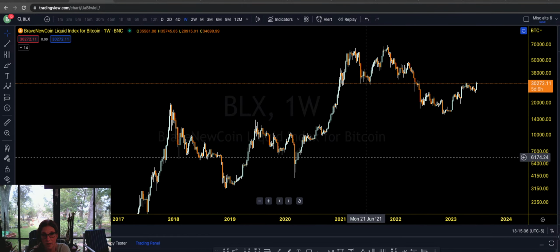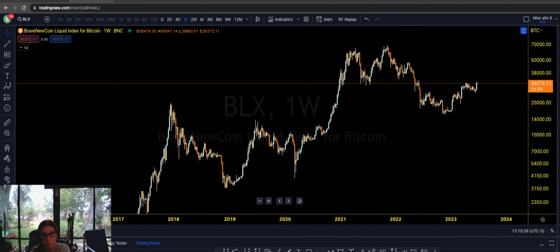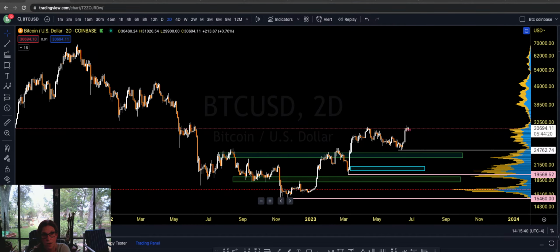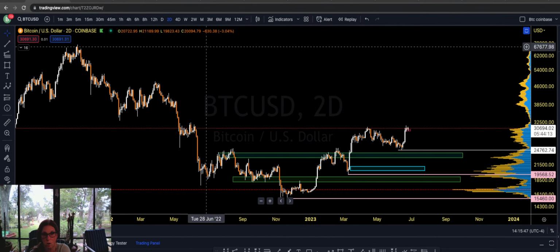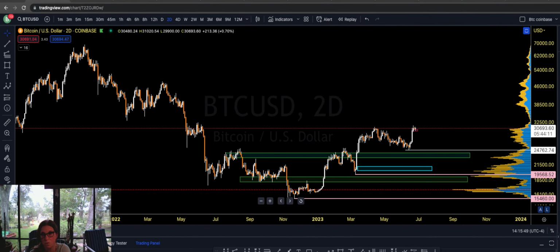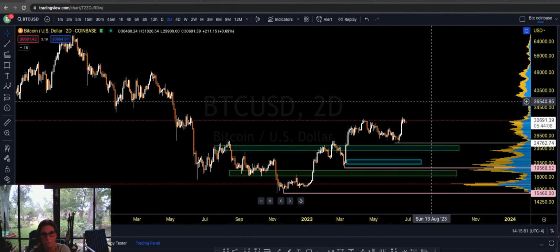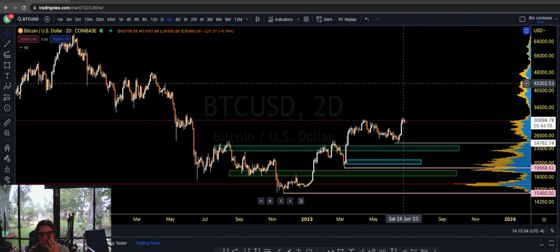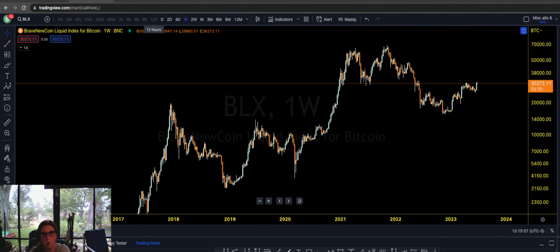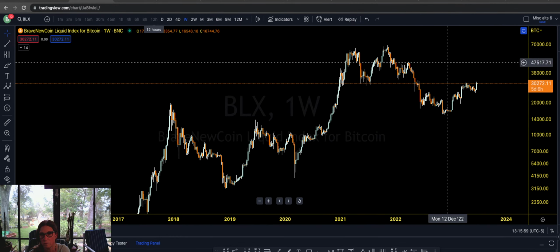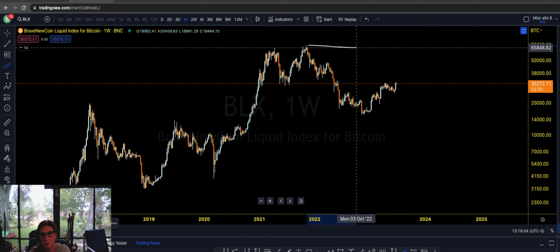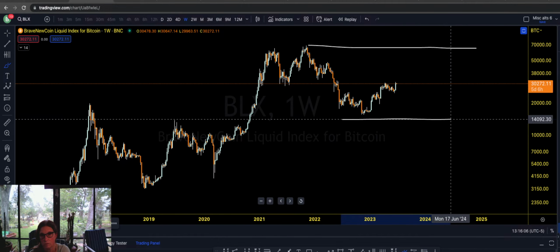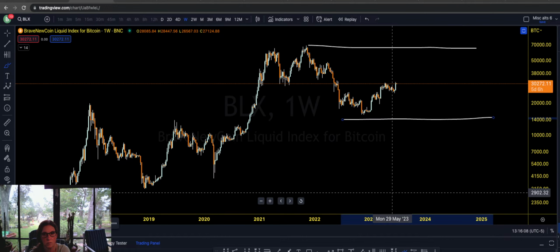I think my bias is that we've completed a wave one and that more than likely we're making a wave two. That's my bias. And like I said, if I'm wrong, then it has to be some type of wave five. Okay. But it wouldn't surprise me at all if we make a flat up here where Bitcoin goes sideways in this range here.